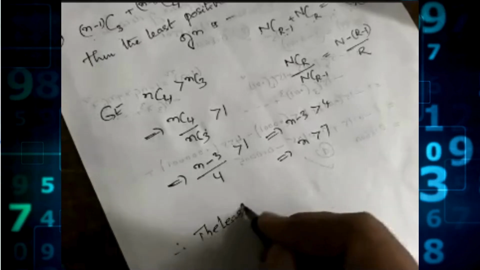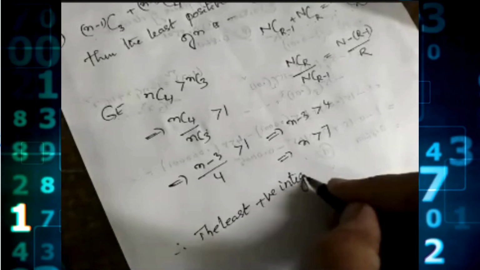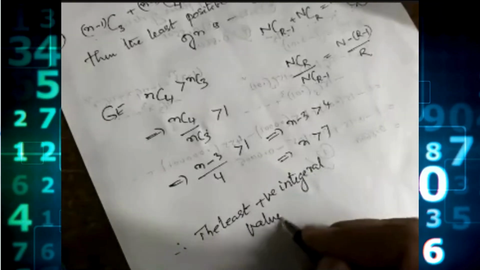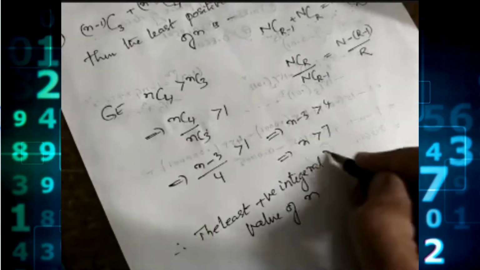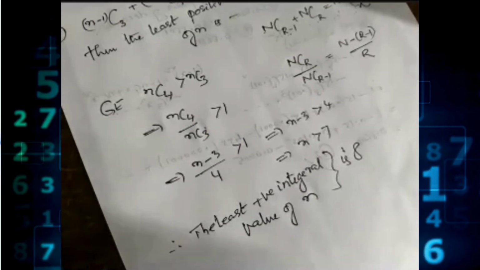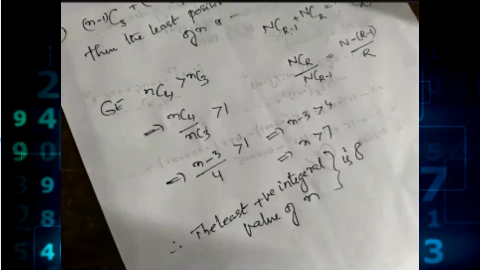Therefore, the least positive integral value of n is 8. Understood?